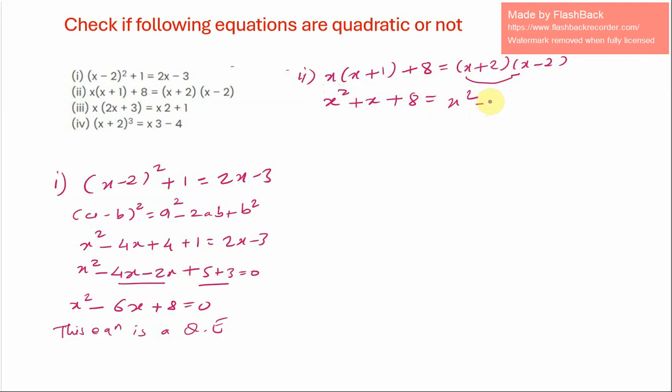So x square minus 2 square, 2 square is 4. After cancelling x square from both sides, we get x plus 8 equals minus 4, x plus 8 plus 4 equals 0, x plus 12 equals 0.